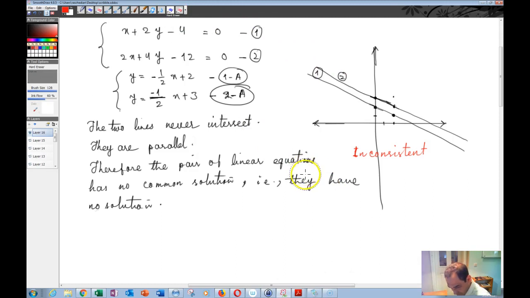Let me actually do a table over here, and then I'll tell you all about these equations.